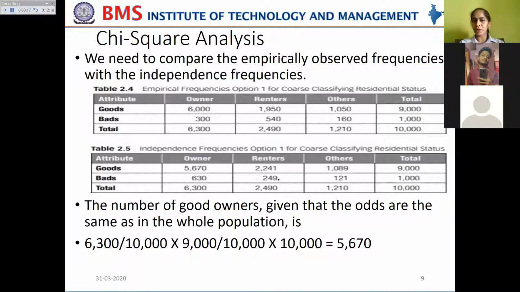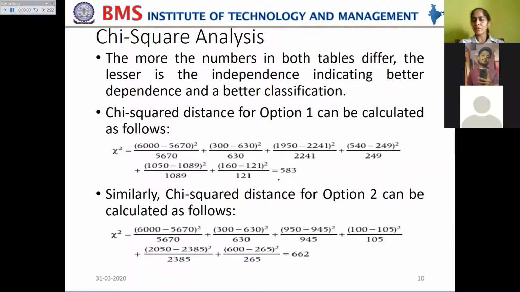Once you observe through the slides, you will understand better after the class. Just go through how chi-square is calculated.